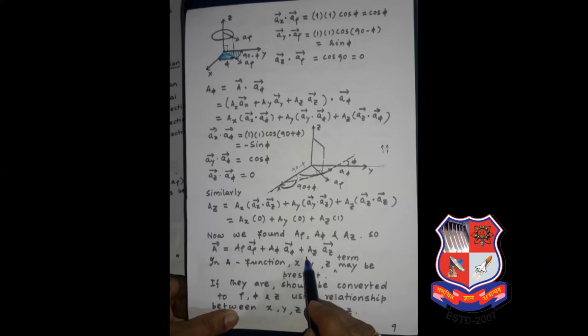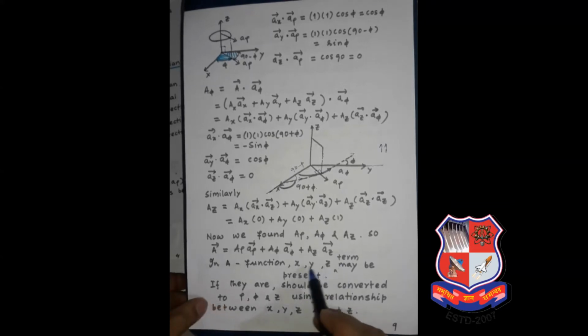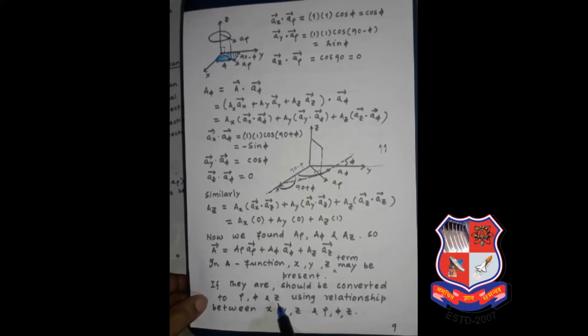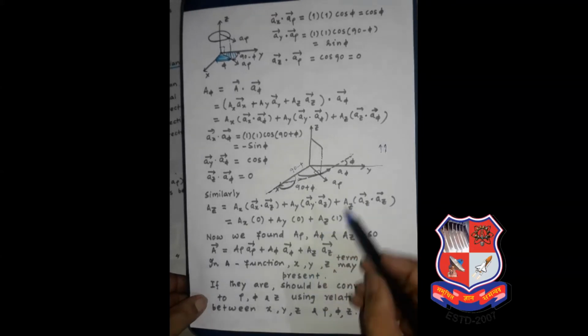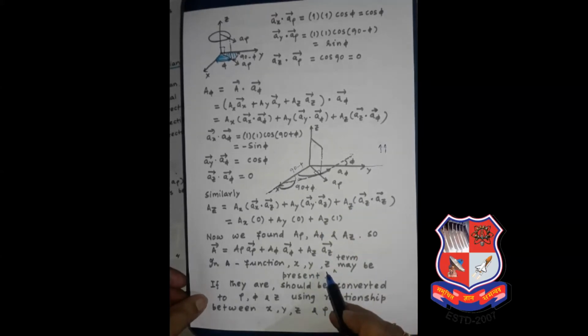If they don't contain them, it's okay. But if they contain x, y, z terms, that means we have to convert these x, y, z to rho phi z, so that the complete transformation from Cartesian to cylindrical system should happen.